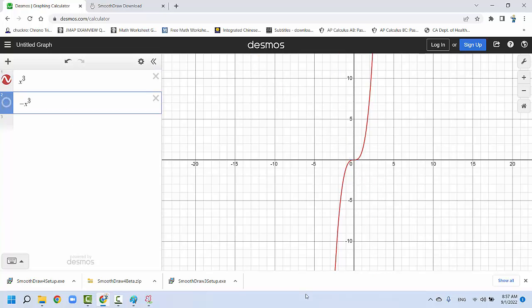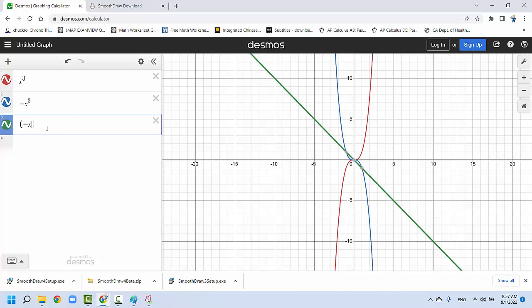Instead of going from the bottom left to the top right, the negative version is now going from the top left to the bottom right. Now I'll do negative x and then quantity cubed. Notice how the green and the blue overlap each other now. And so by putting a negative on the inside, by looking at its back, it is graphically the same visual effect as if I was to look at it upside down.